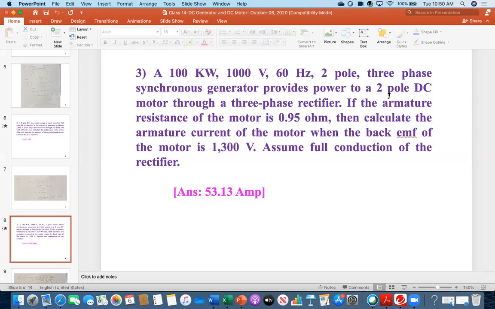It is providing power to a 2-pole DC motor through a 3-phase rectifier. If the armature resistance of the motor is 0.95, what should be the armature current of the motor when the back voltage is 1300 volt? And assume full conduction of the rectifier. That's why I put alpha as 0.